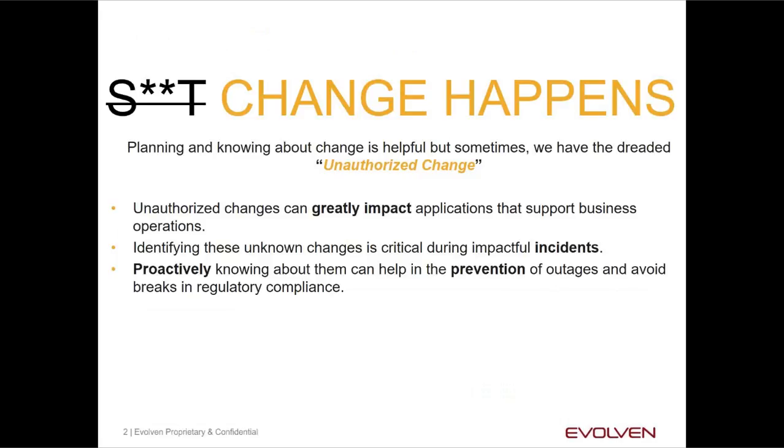The unauthorized change greatly impacts our applications supporting our business. And because it's very difficult to identify these unknown changes, our incidents usually take a lot longer, causing more outage time and more cost to our business. So we need to know proactively about these so we can prevent the outages and also avoid any breaks in our regulatory compliance.